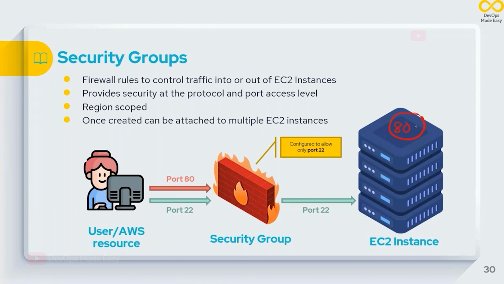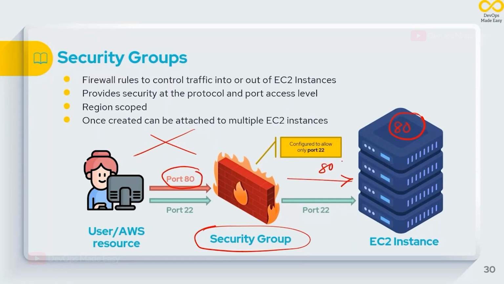If someone tries to access that application on port 80, by default that request will be blocked, because that port is not allowed in the security group. So you need to open that port in the security group so that any request on port 80 will pass through and reach your server.